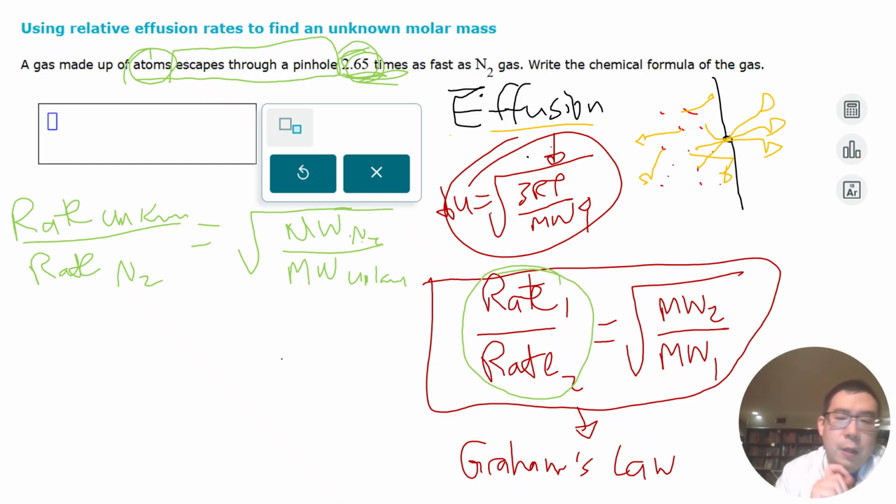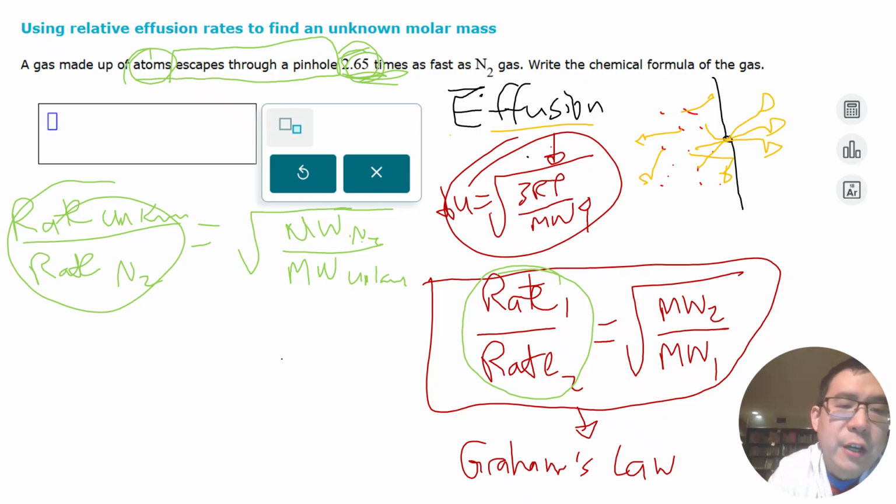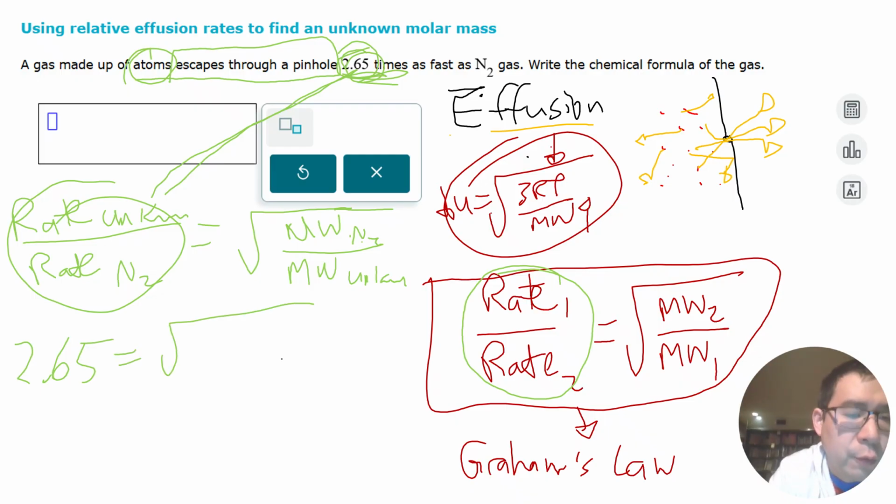And this ratio is 2.65. So 2.65 equals the square root of the molecular weight of N2 over the molecular weight of the unknown.